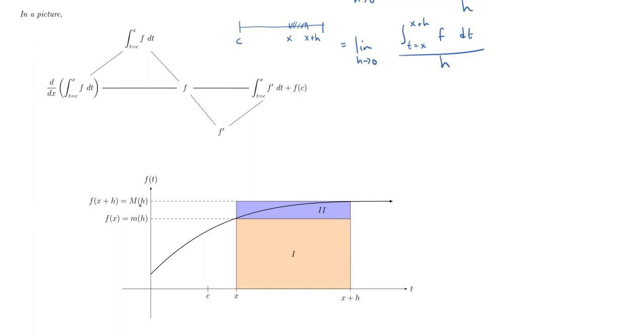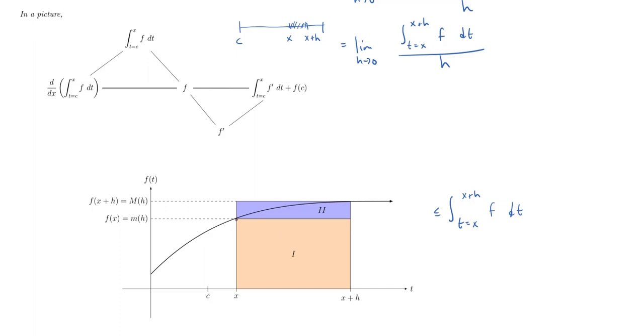So what that means is that when I try to figure out what the value of this integral is, right? Remember, this is just accumulation. I know that if I integrate from x to x plus h of f dt, it's going to be at least as big as the area of this rectangle.